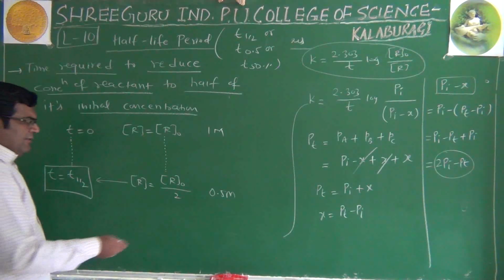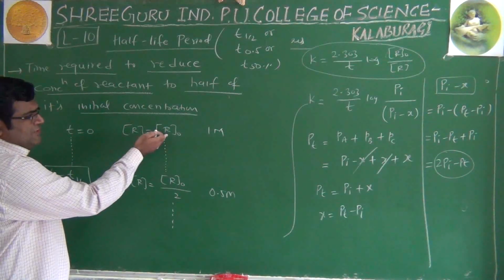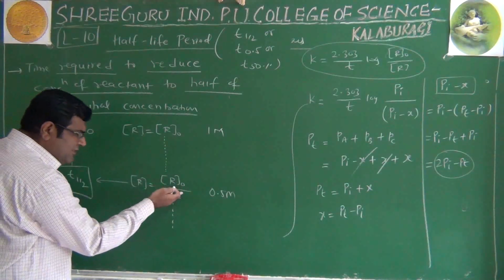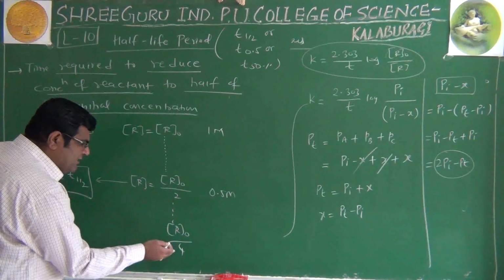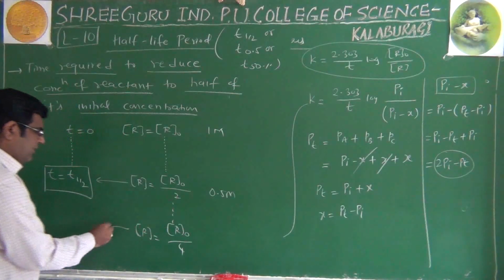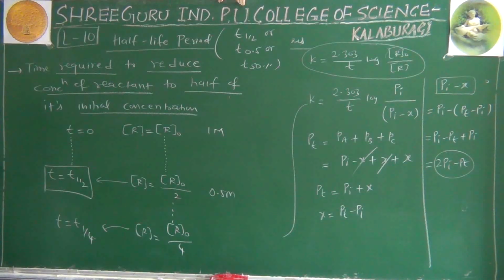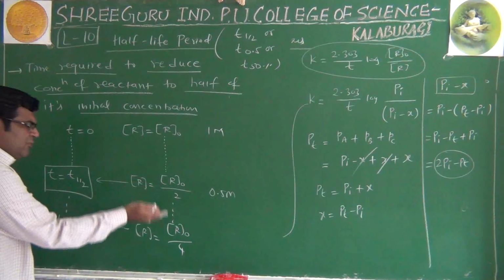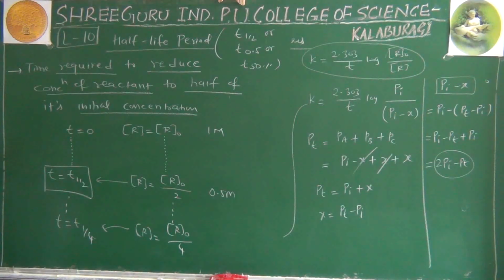For the second half-life period, it is not always required that the initial concentration be this much. If we consider this concentration as initial and halve it, we get a new time. If we continue this reaction, it is t of 1/4, like that. So from the initial concentration we make it half, and the time duration required for this decrease in concentration is called the half-life period of the reaction.